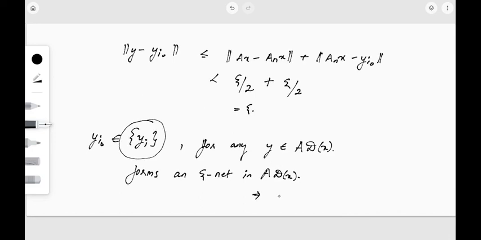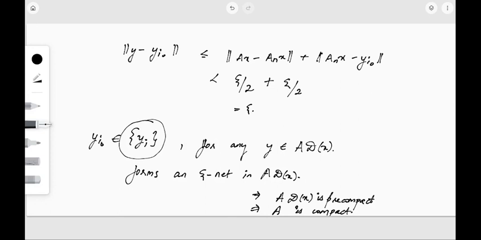So this implies A of d of x is pre-compact by our previous lemma, and as A of d of x is pre-compact, we get A is compact. So we had chosen an arbitrary sequence A_n in K, and if we assume that A_n converges to A, we have obtained that A is a compact operator. So that was our proposition.